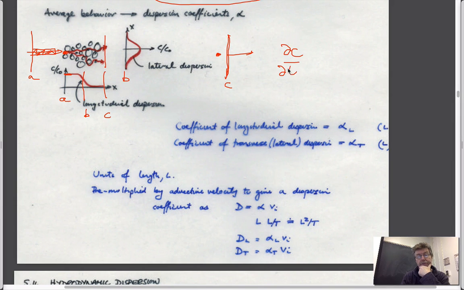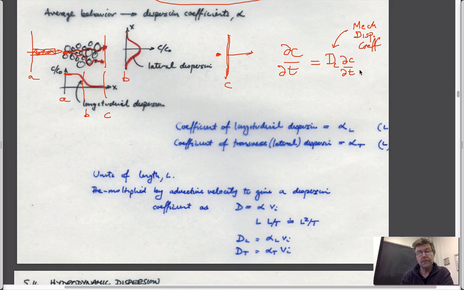Don't really care if we write this down, but just let me write it down as D, and this term is an effective mechanical dispersion coefficient. And so we know a few things about it.